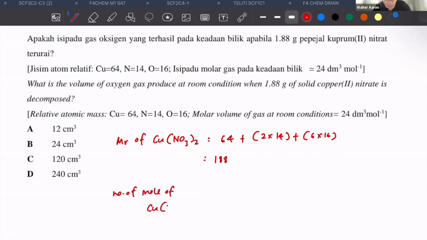Now to calculate the number of moles of copper nitrate, it will be 1.88 grams divided by 188 grams per mole, the molar mass. So you should get 0.01 mole.